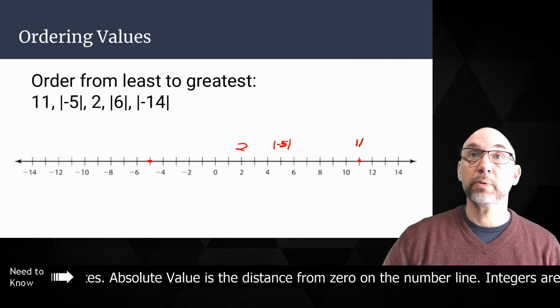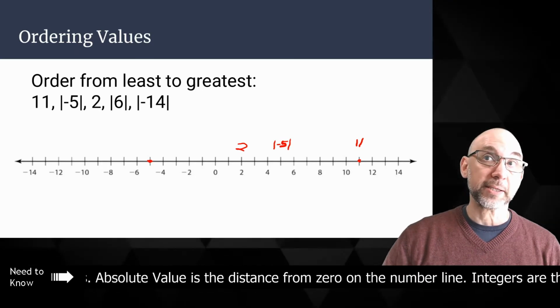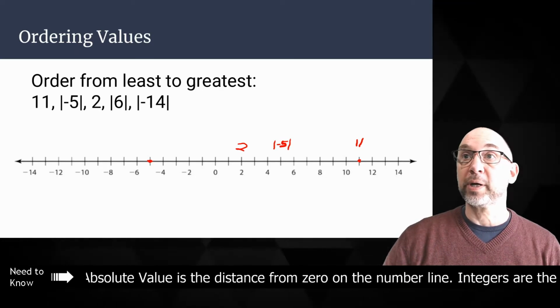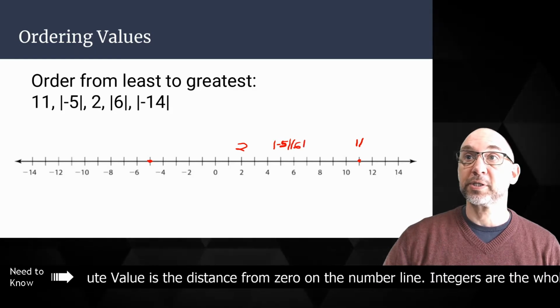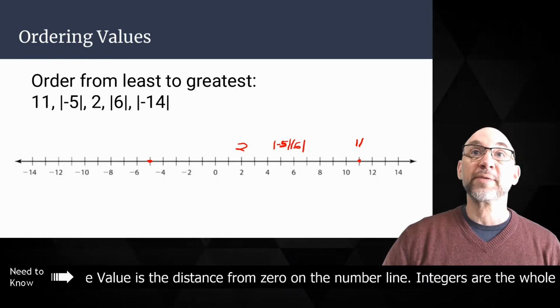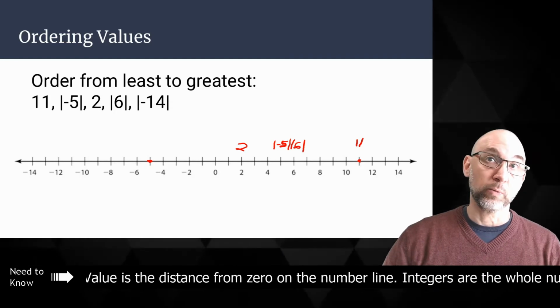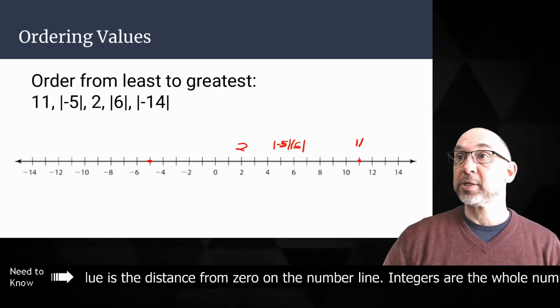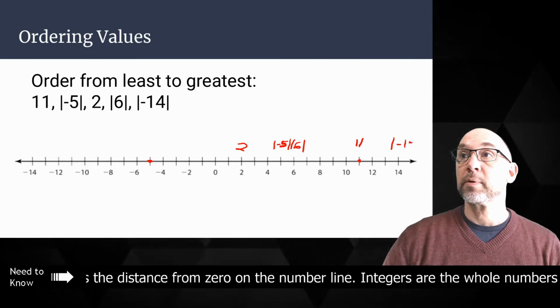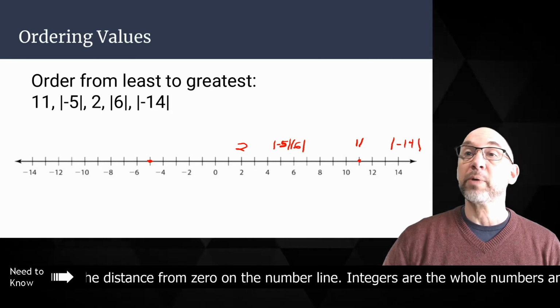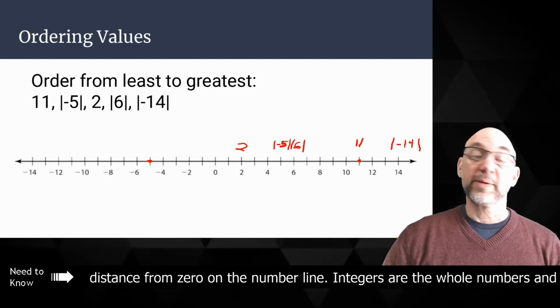Here's 2. Then I've got the absolute value of 6. The absolute value of 6 will be located right here because the absolute value of 6 is 6. So I'm going to try to squeeze that in there. And then I've got the absolute value of negative 14, which is 14. So that's going to be located up here. There we go.